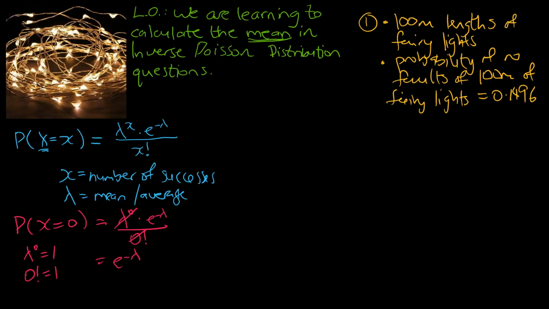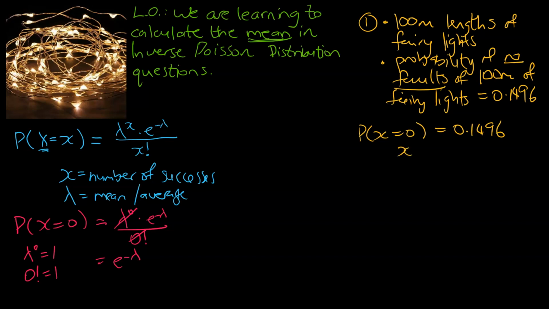So we've got our variables and our description, and we just want to remember we only really need two variables to make this work. We need x and lambda. If we have a think about this, we've already got the probability of no faults. So the probability of x being equal to 0 is equal to 0.1496.